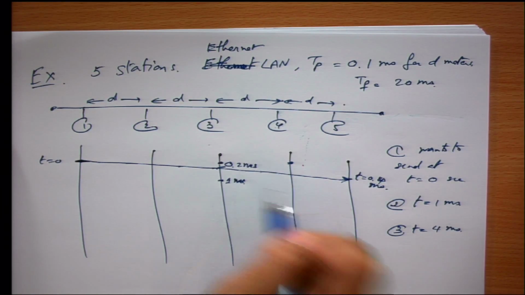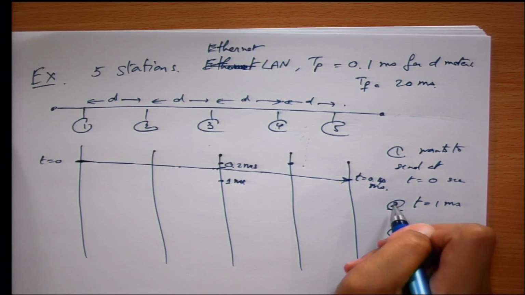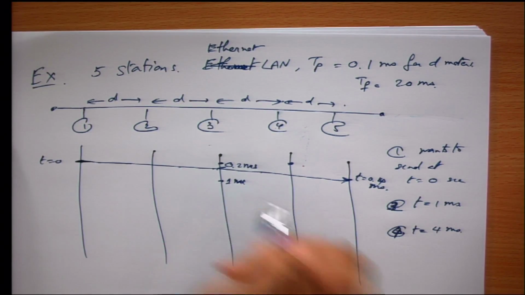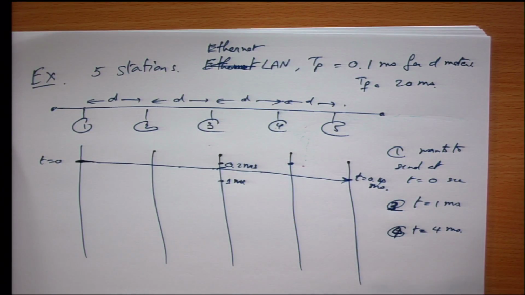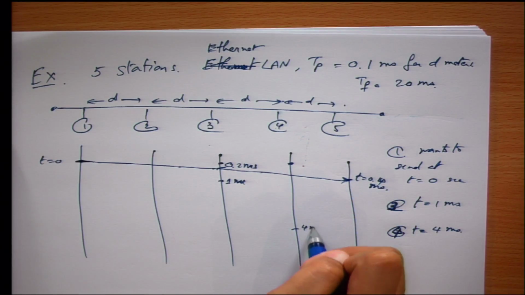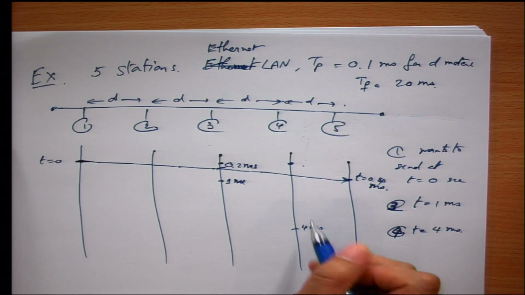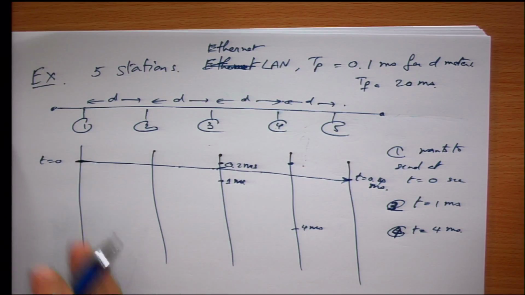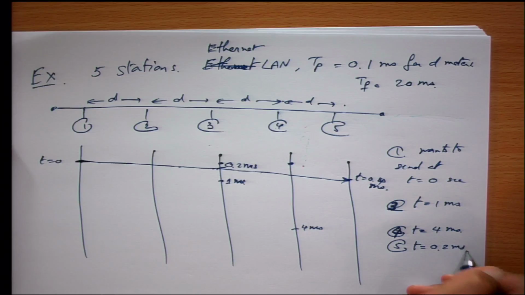Even though station 3 wants to send at t equal to 4 millisecond, it will not transmit, because the transmission is still going on. So no collision. Now if station 5 wants to transmit at 0.2 millisecond, what happened?